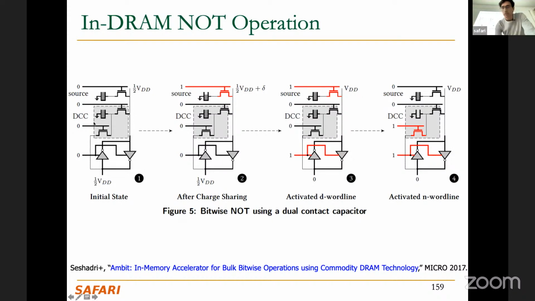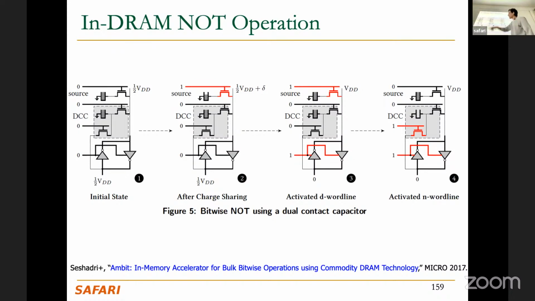As you see, the dual contact cells have two access transistors, and the access transistor at the bottom is connected to the bit line bar. It's connected to the other side of the sense amplifier, the other side of this inverter. So whatever value we have on the bit line is inverted on the other side.